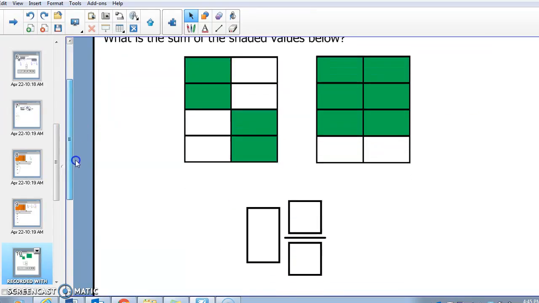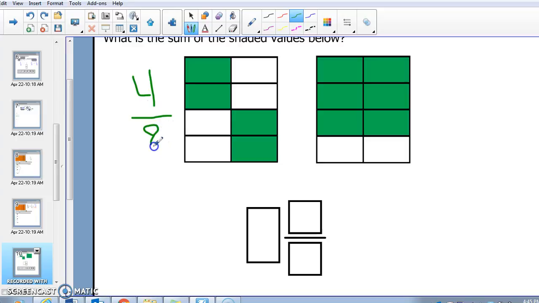Okay, let's try our trick here. So we have 2, 4, 6, 8, and you can probably clearly see that half of it is shaded here. So we know that that is 4/8. We want to add that to 6/8. Okay, are we going to go over one whole? Yeah.